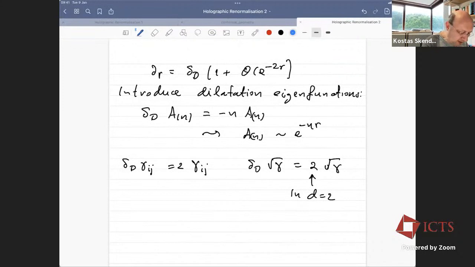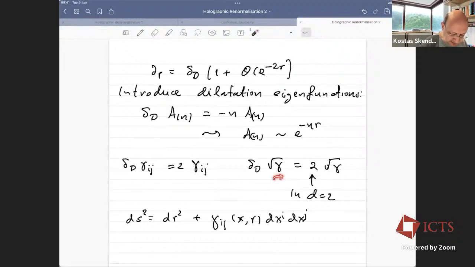So this gamma, here I'm using the metric I introduced yesterday, which was the domain wall coordinates. So the gamma here is that gamma.